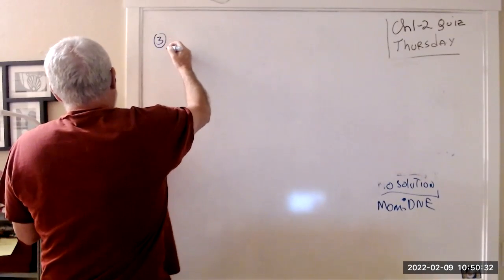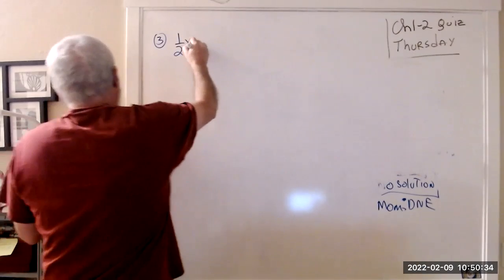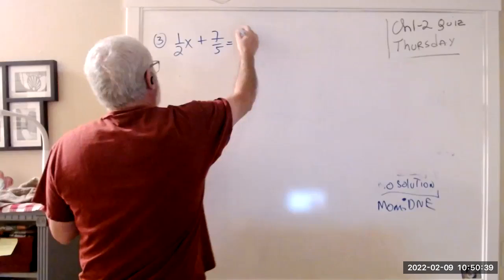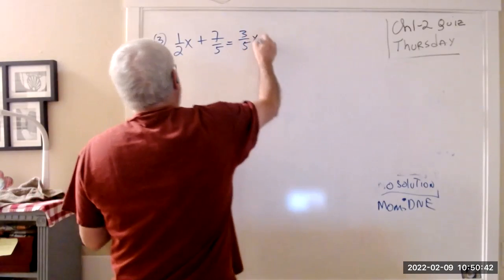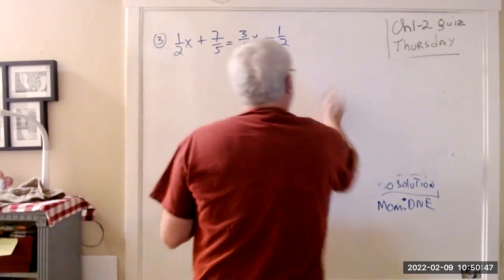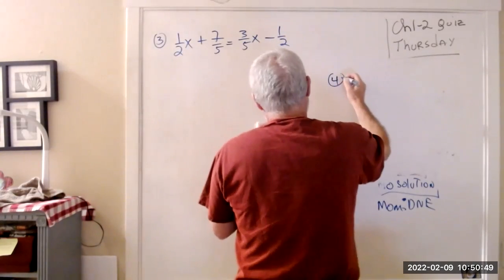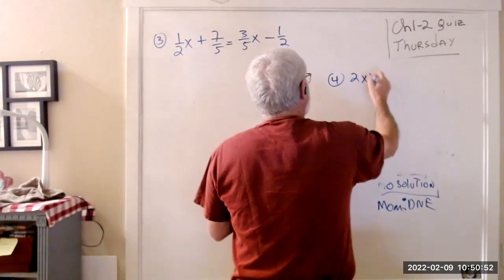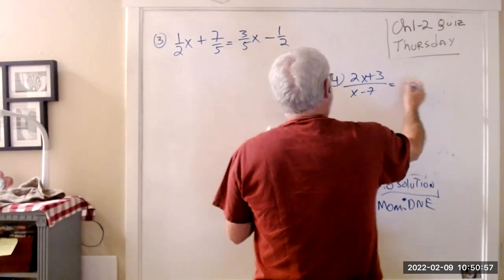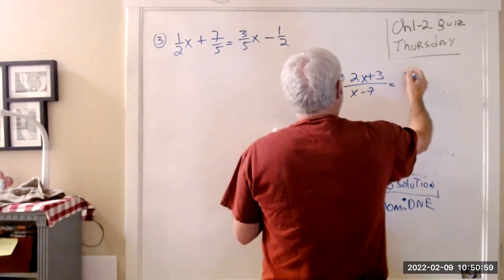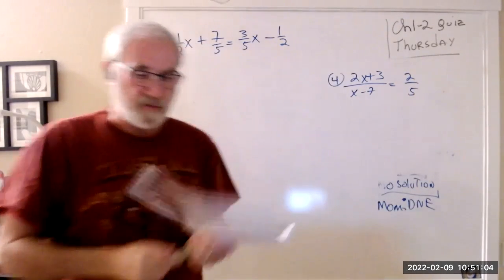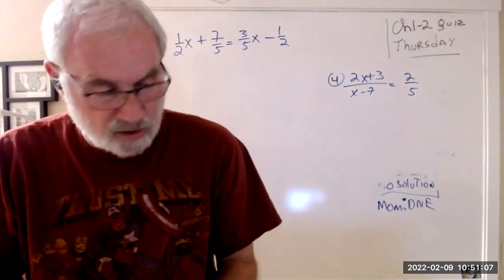We're going to have 1/2 x plus 7/5 equals 3/5 x take away 1/2. And number 4, we're going to have 2x plus 3 over x minus 7 equals 2 over 5. So again, let's take a few minutes here.